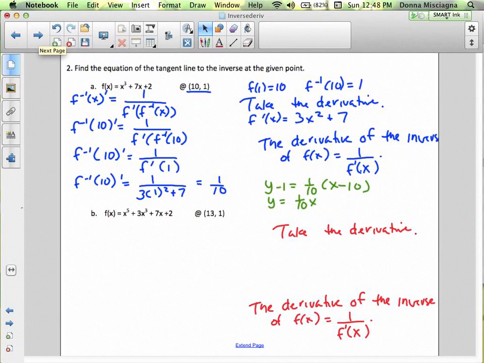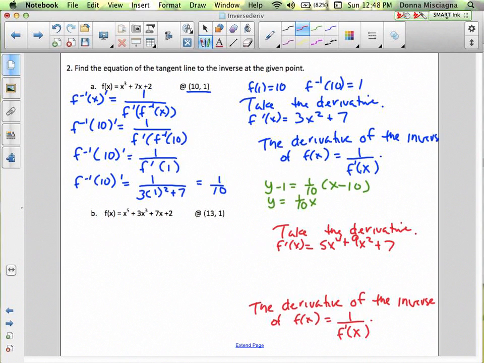All right, so here the derivative f prime of x equals 5x to the fourth plus 9x squared plus 7. And if that's a point on the inverse, which is not 100% clear, that means that f of 1 equals 13.